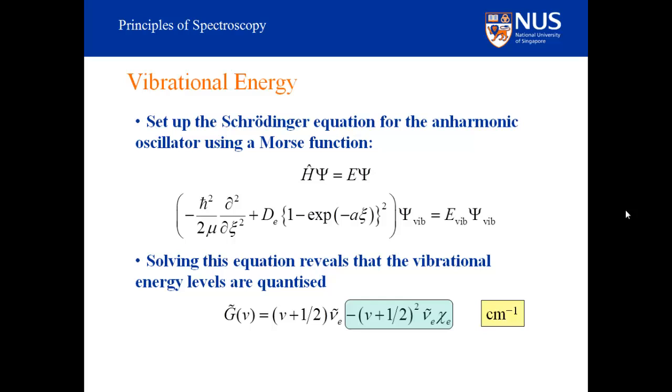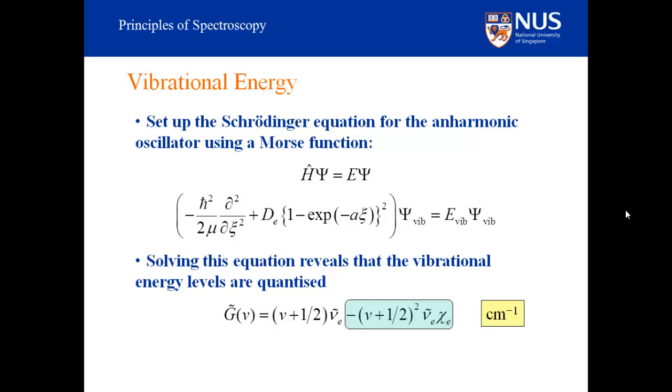So you can imagine, as we go to very large values of v, for which the harmonic oscillator doesn't work very well, this second term becomes more and more important. Its value becomes larger in comparison to the first one because it is going as v plus 1/2 squared rather than v plus 1/2.